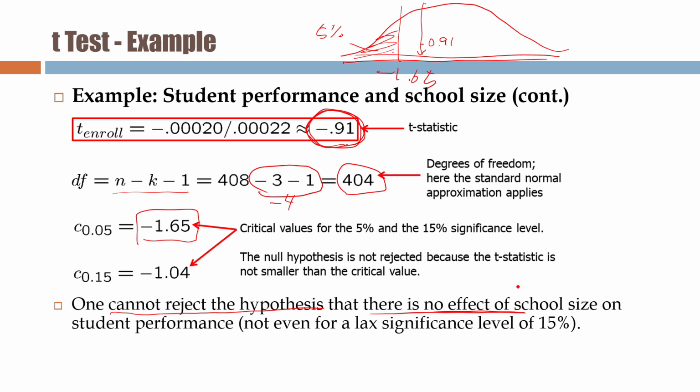Okay, that's hypothesis testing. Hypothesis testing doesn't prove the null hypothesis, but in this case, maybe there is an effect of enrollment, but I cannot tell that the null hypothesis is not true.